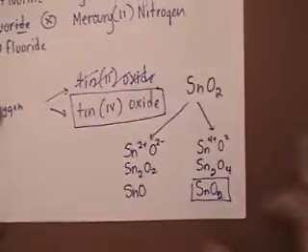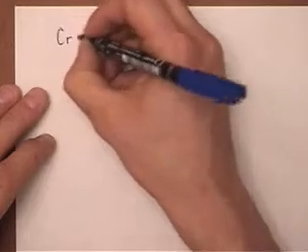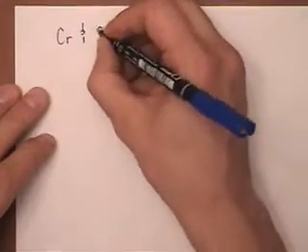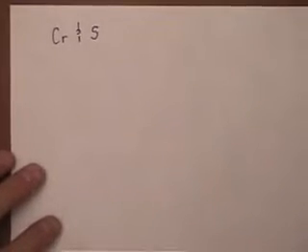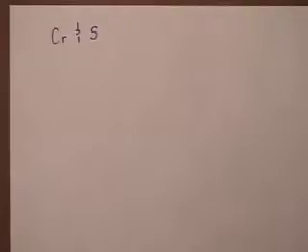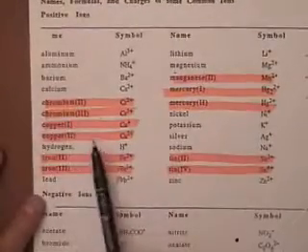Okay? Let's try another one on our own. What I want you to do is try to name Cr and S. So push pause, give it a try. Okay, what you need to do first of all is always double check to make sure that the Cr isn't on here somewhere as one of our highlighted ones.